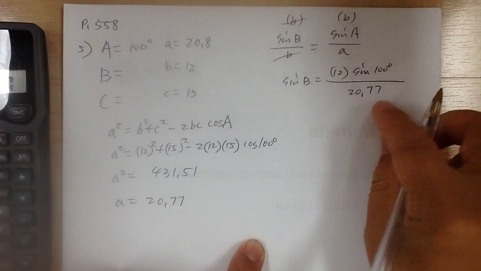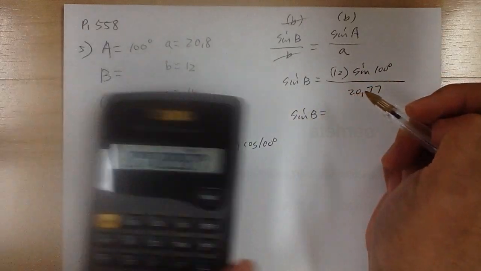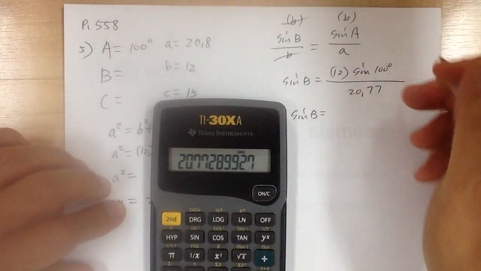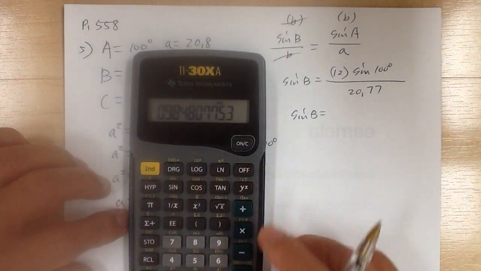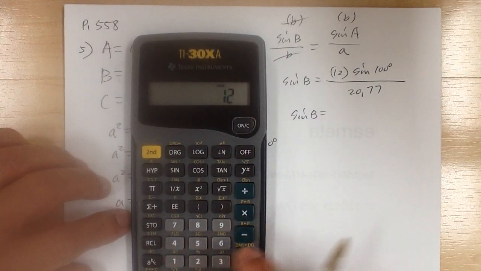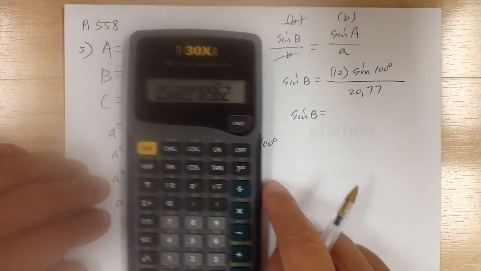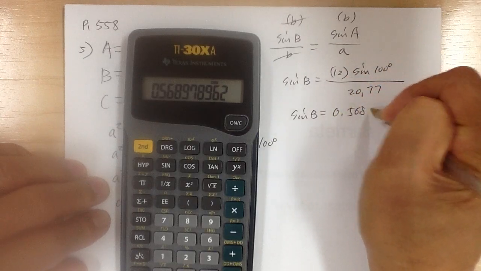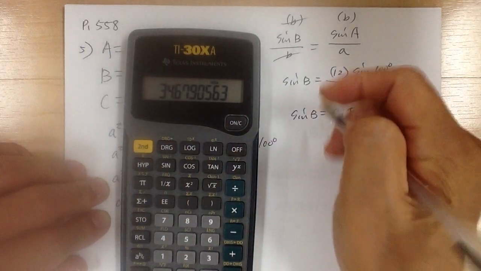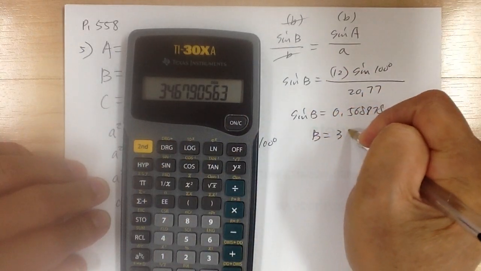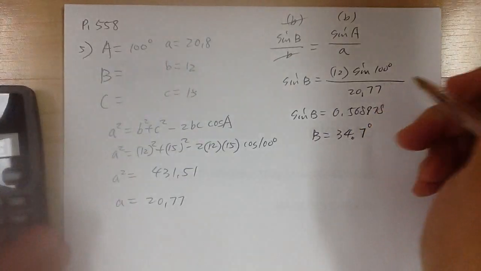I'm going to carry extra digits to be more accurate. So 100 sine times 12 divided by 20.77, and that goes second sine, and so angle B will equal 34.7 degrees.